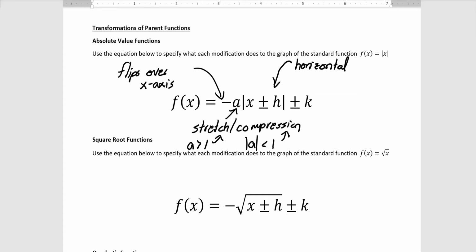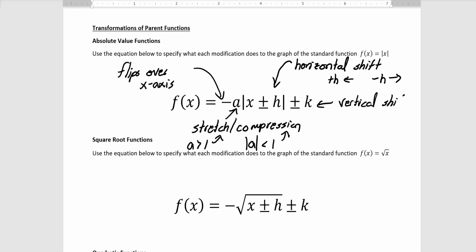If we add H, that moves it to the left. If we subtract H, that moves it to the right. And that's kind of counterintuitive for some people, and we'll discuss that more when we meet on our Zoom or in person. And then we have plus or minus K, and that is the vertical shift.